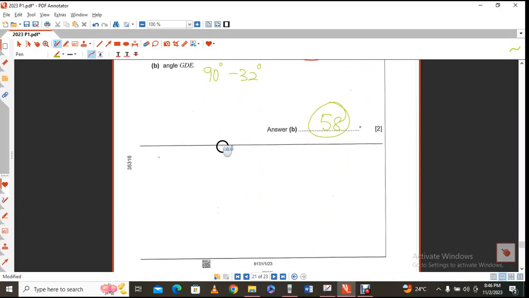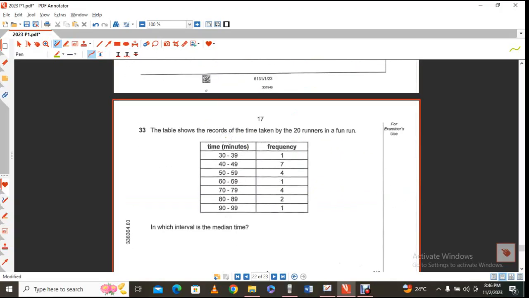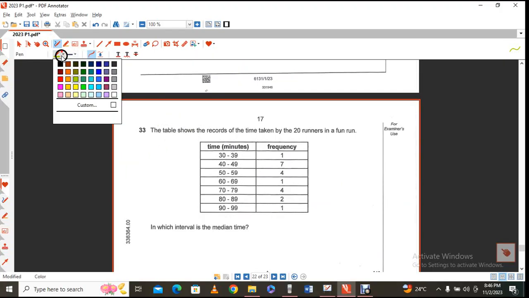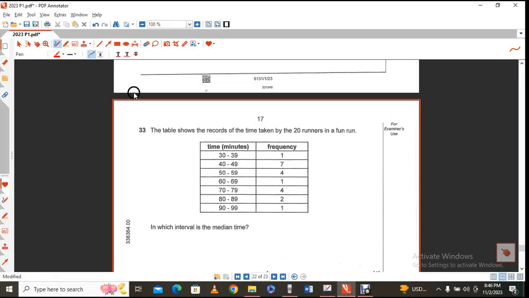All right, here we go, and we are now starting with statistics. Finding the median from a frequency table. You have a few pieces of information that perhaps I will write. One of them is the middle position. We use the formula n plus 1 over 2, where n is the total number of values.